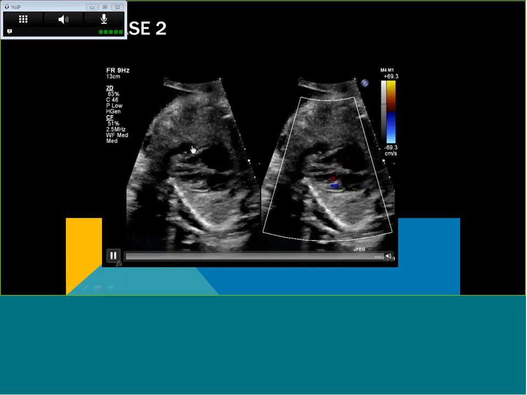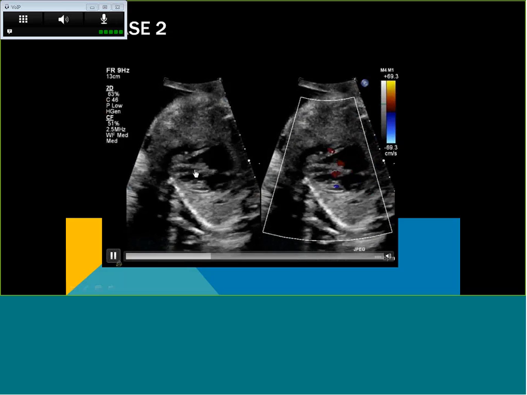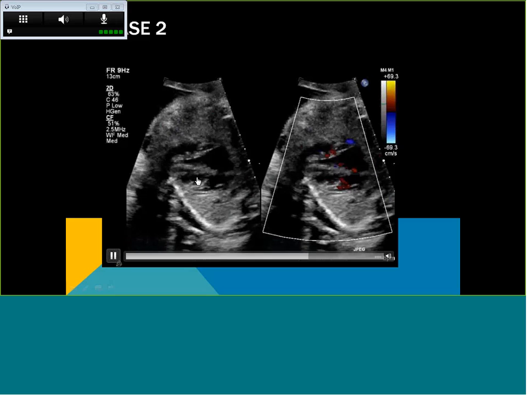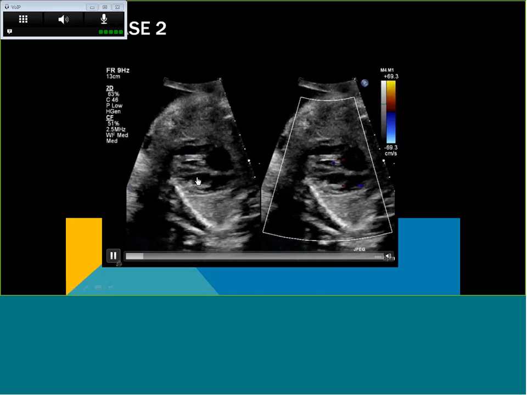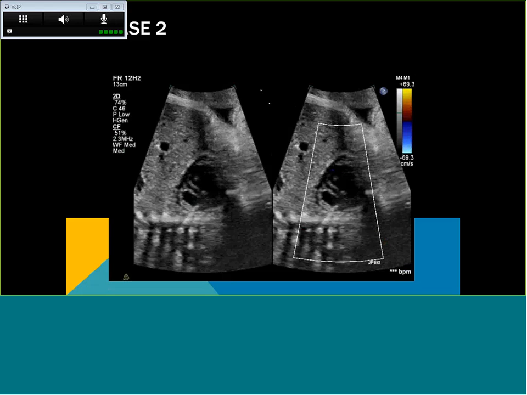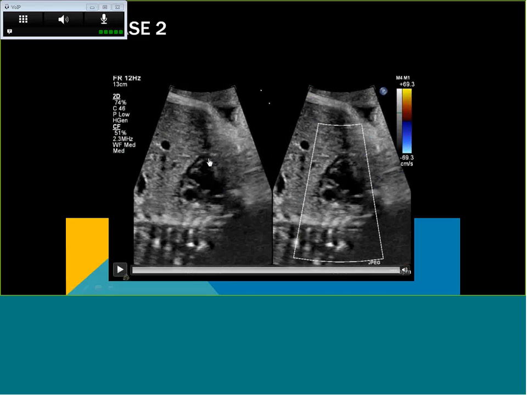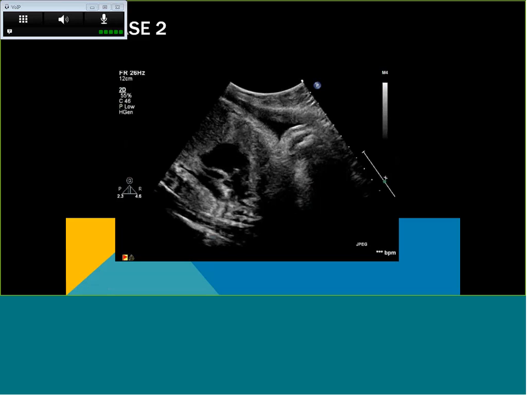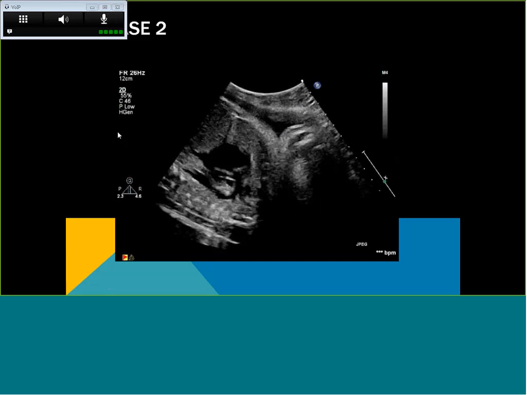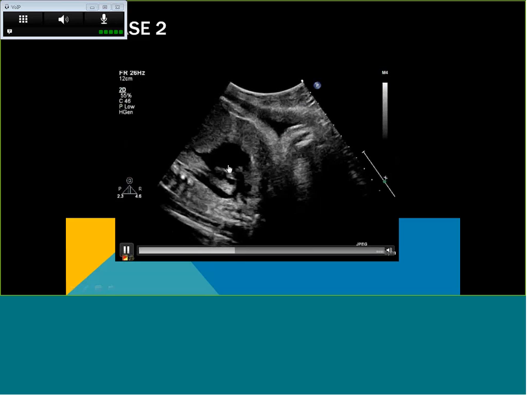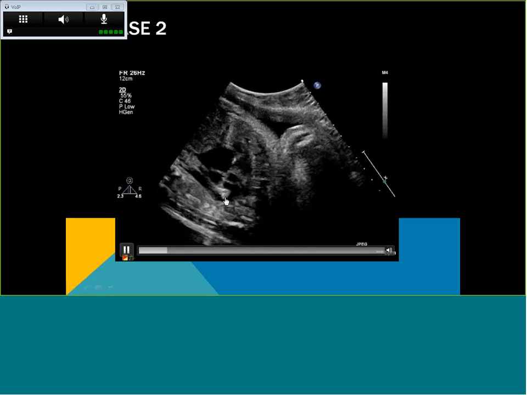And there is a little bit more of that right-left size discrepancy that we had talked about earlier. Here in the sagittal view, I think that really comes out. Here's the left ventricle, and the right ventricle, by comparison, looks fairly dilated, so a little bit more impressive than the previous case. And we look at the aortic arch, and it looks as though the isthmus might be a little bit small.